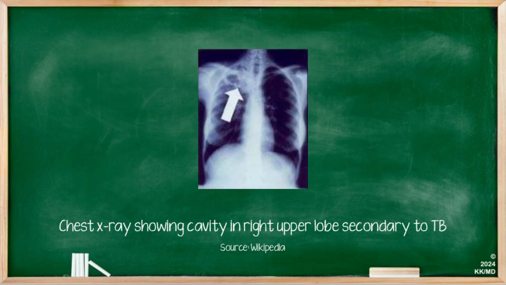So this is a cavitating lesion presenting on the right upper lobe, which is secondary to TB. Cavitating lesions are quite famous in terms of the MRCP exam, and it's really important for you to know the differentials for cavitating lesions, of which tuberculosis is one of the most important ones.